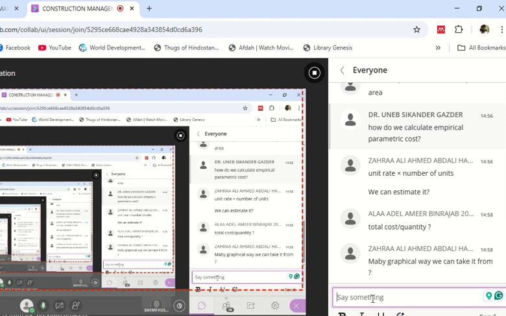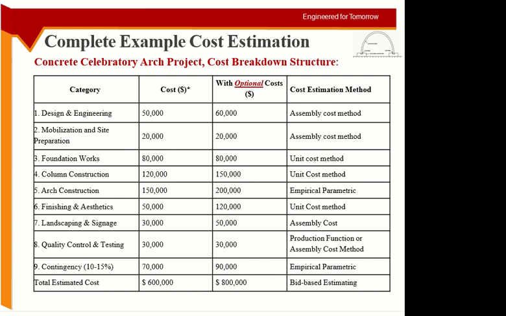Okay, so this is the difference between the unit cost method and the parametric cost method. In the unit cost method, you are directly calculating the cost from this project. When I was calculating the cost of the foundation, I took the unit cost of the items of this project. Here, I looked at the past projects.